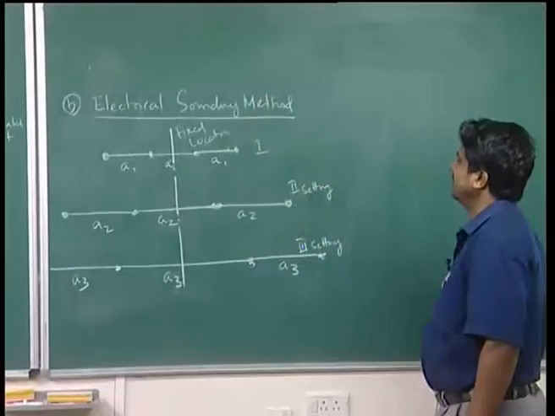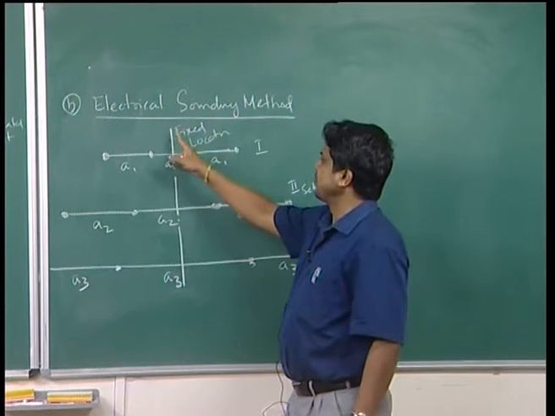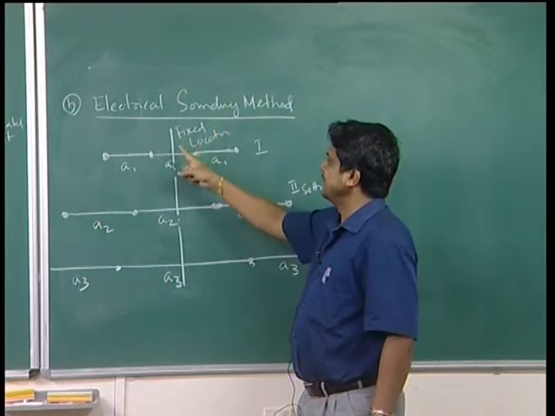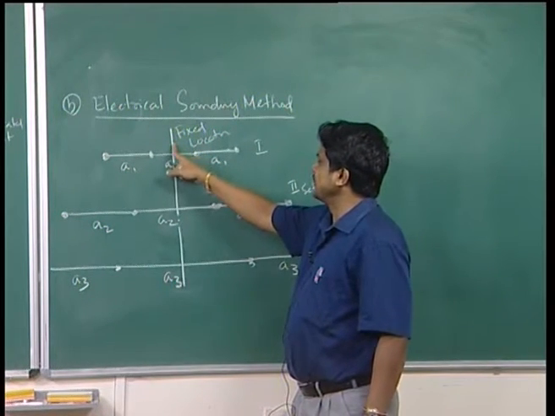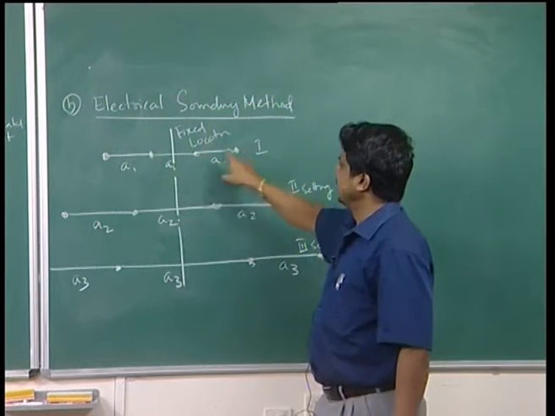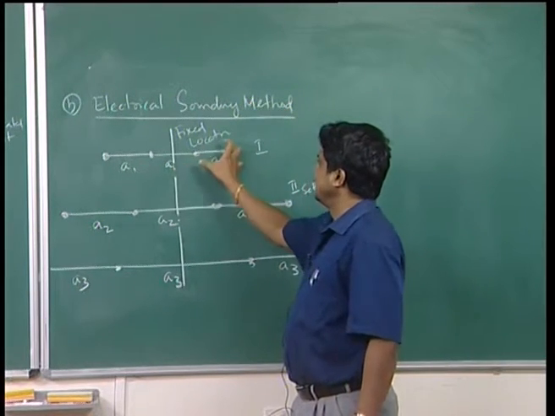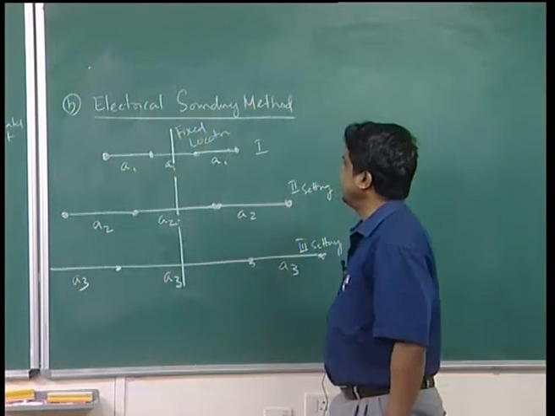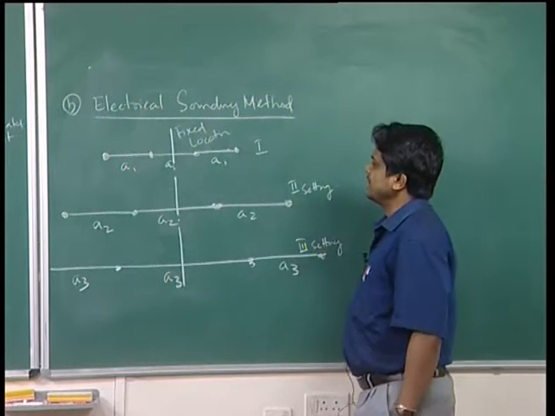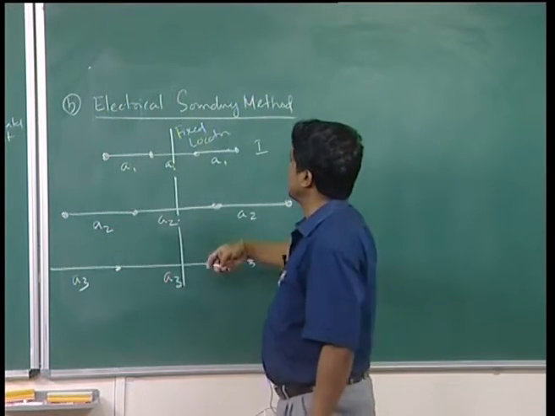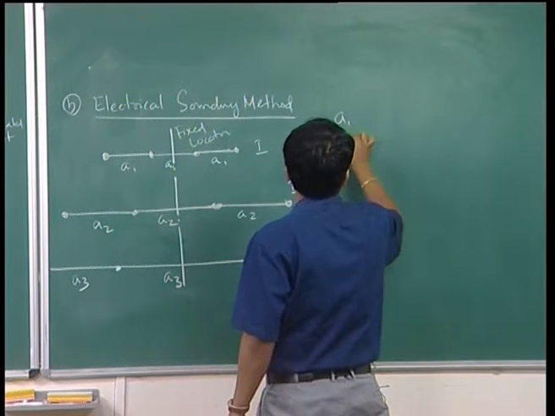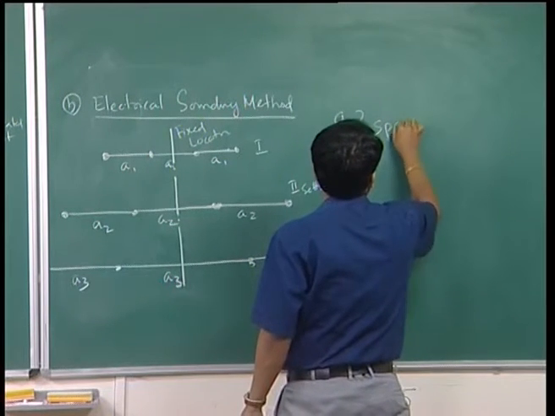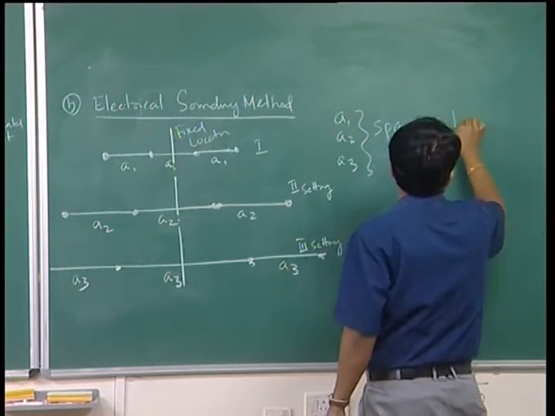In this method there is a fixed location, this location has been fixed, not like the electrical profile method where you can vary. With respect to this location, suppose in case 1 you vary A1, in case 2 you can vary A2, in case 3 you can vary A3. So with respect to a fixed location, you can vary the spacing of the electrodes. These A1, A2, A3 are all spacing between the electrodes.